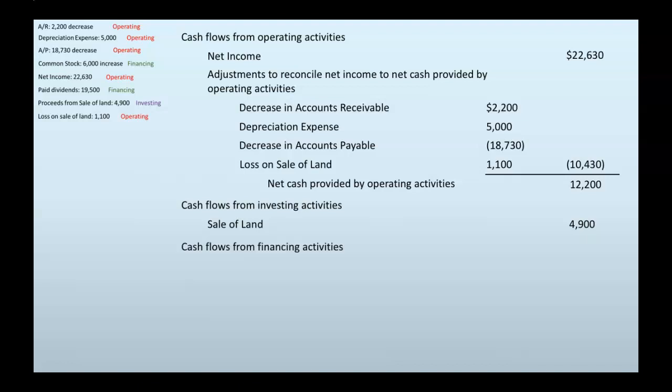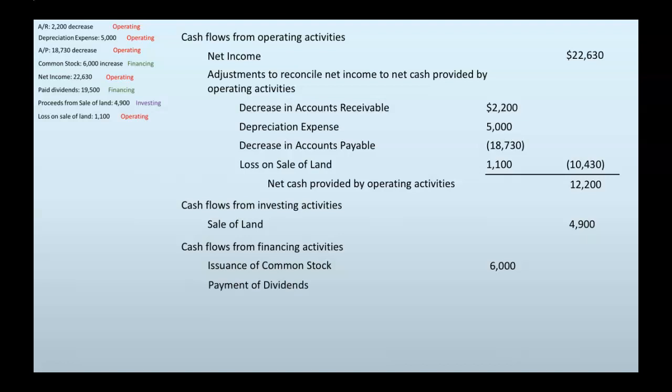Now we move on to our cash flows from financing. So we had two different financing activities. The first one, the issuance of common stock. So if we issued common stock, what are we going to be getting in return? Well, we're probably going to be getting money, right? So our cash increased by $6,000. Then we paid dividends of $19,500.